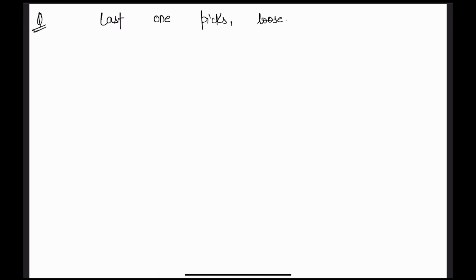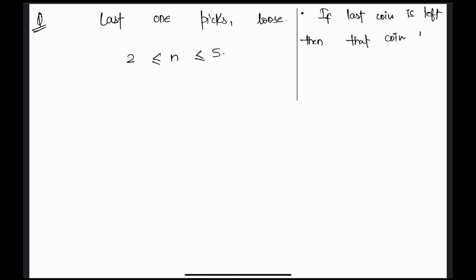Now suppose the possibility of a person to choose is at least 1 or 2, and one more condition is added: if the last coin is left, then that coin has to be picked.